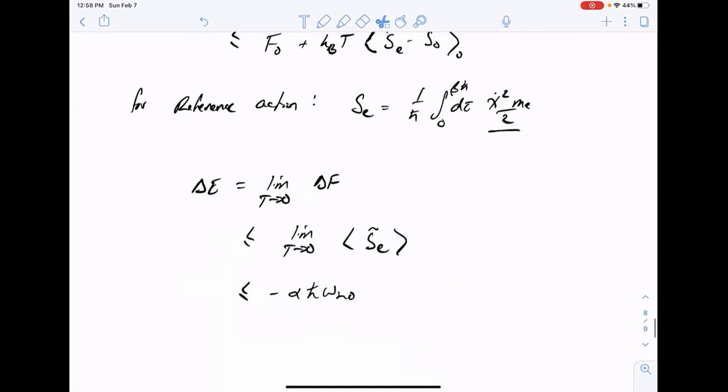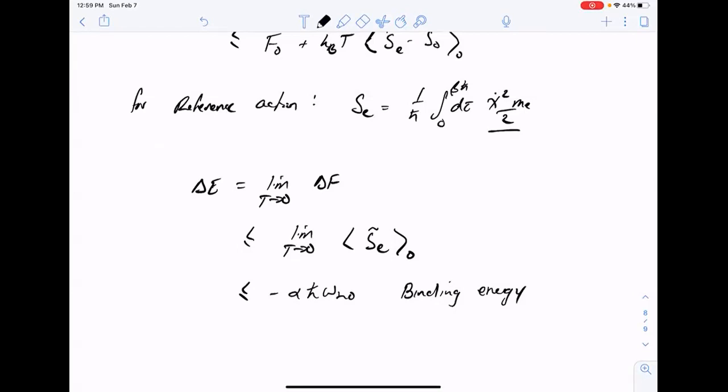And one can arrive at an upper bound for the binding energy, which is minus alpha times h bar omega, optical frequency. The interpretation here being that in the small alpha limit, the weak electron phonon coupling limit, remember alpha is a dimensionless parameter that tells you the strength of the coupling.